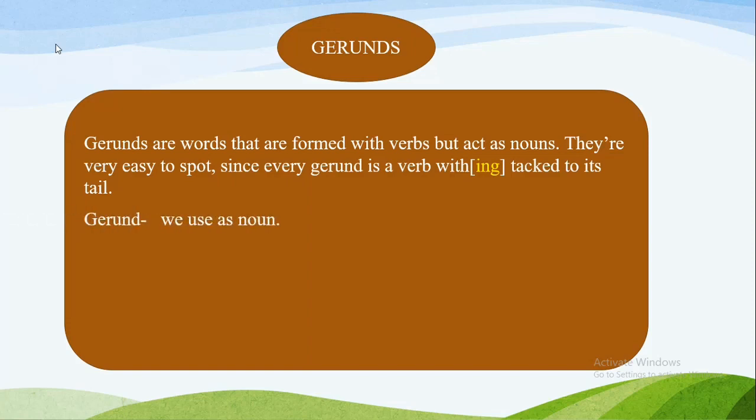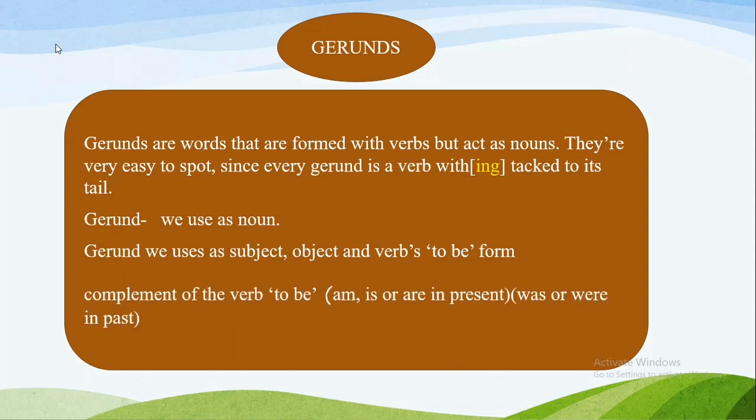Gerund we use as noun, and we use it as subject, object, and complement of the verb to be, that is am, is or are in present, was or were in past. Let's see few examples.